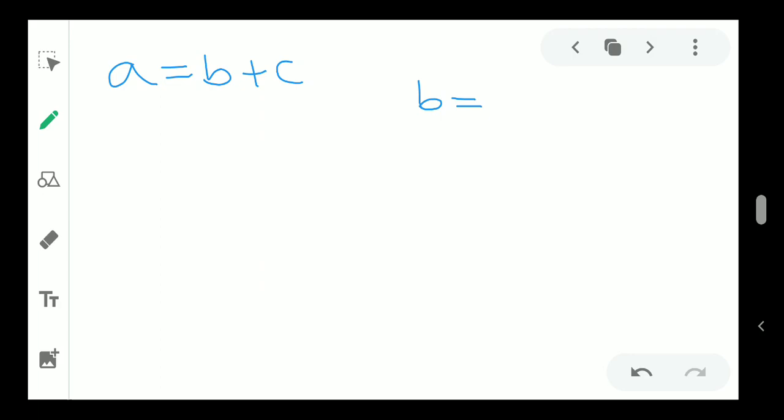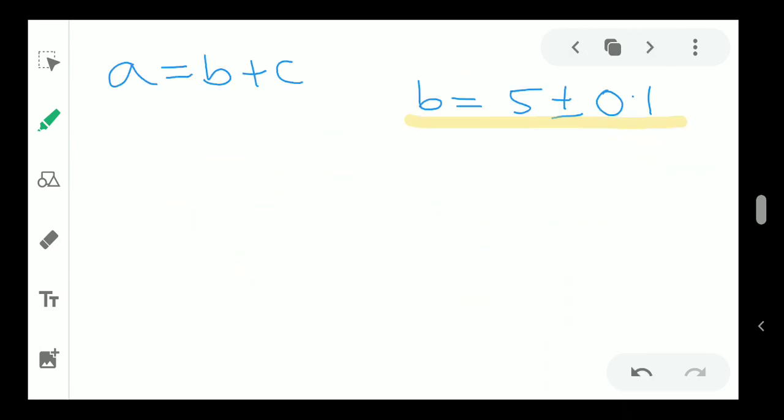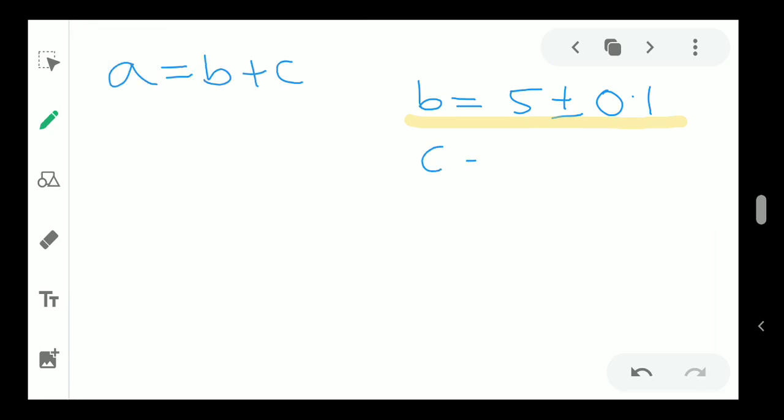Let's say B is given as 5 plus minus 0.01, which somebody has got by calculation like I mentioned before, and C is given as 6 plus minus 0.2.